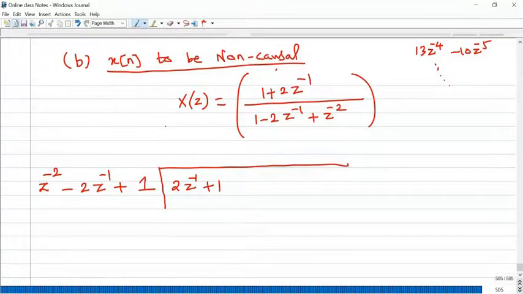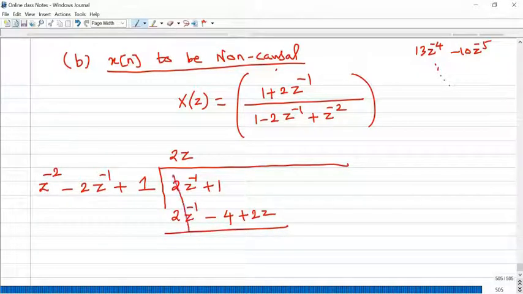So if we multiply that particular value with z power minus 2, I should get 2z power minus 1. Say for example, I am taking 2z. 2z multiplied with z power minus 2, I will get 2z power minus 1. So 2z multiplied with minus 2z inverse, I will get minus 4. 2z plus 1 plus 2z.